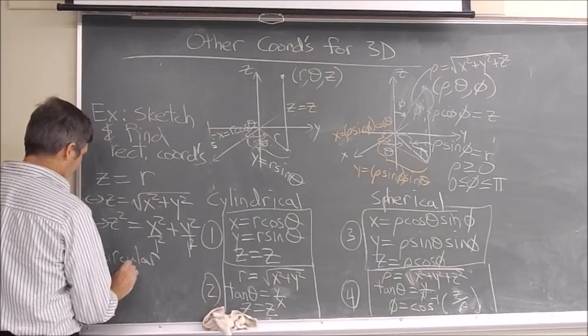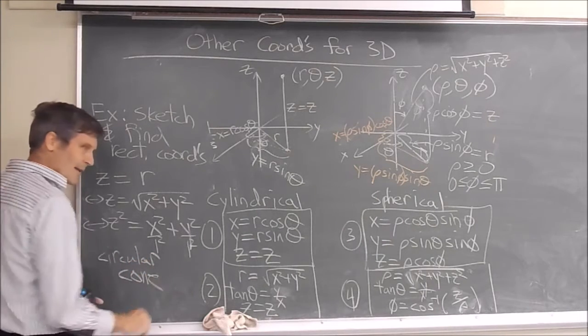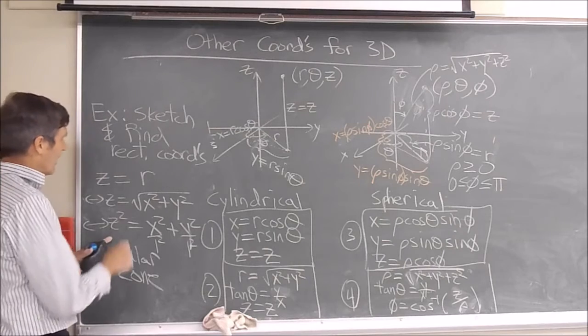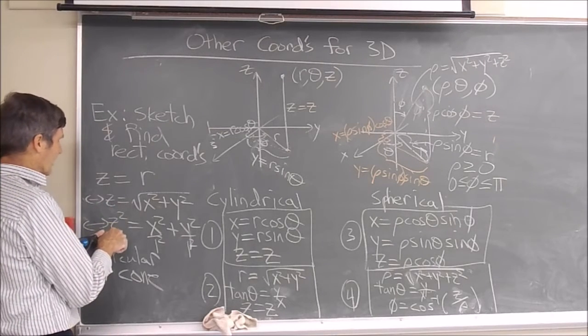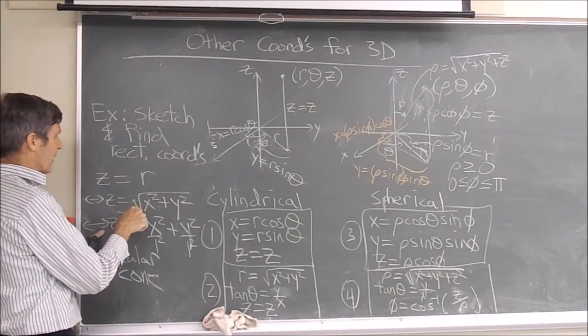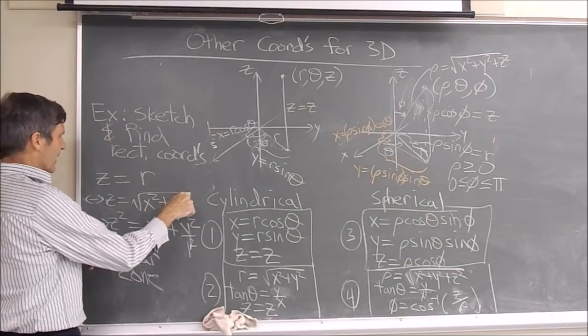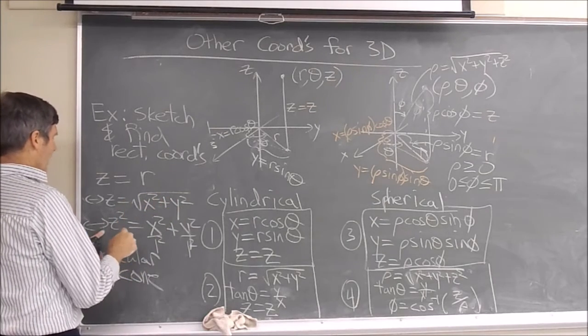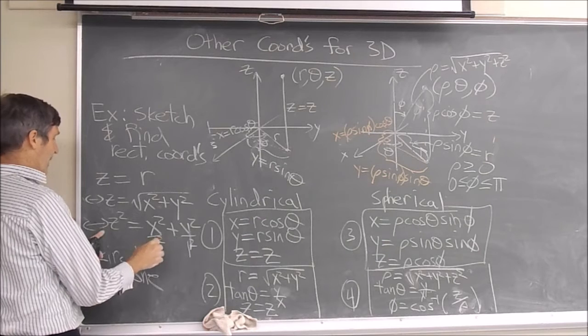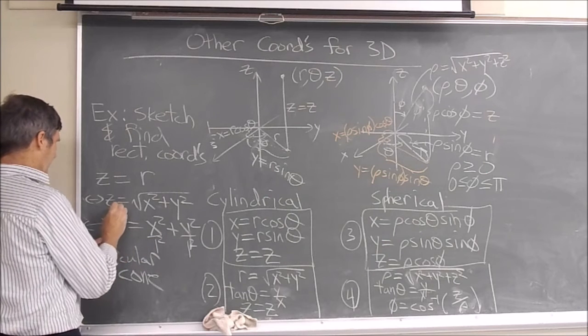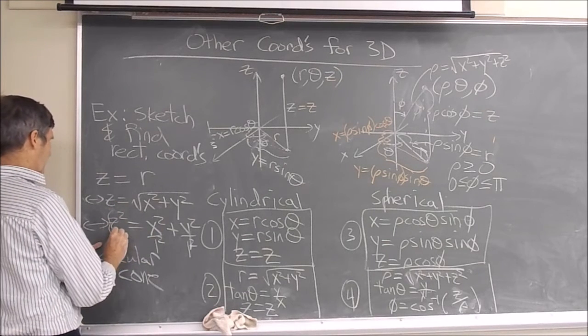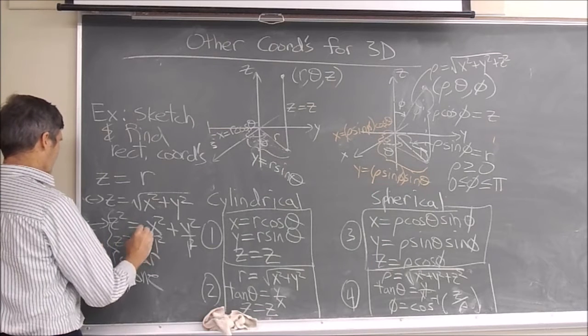It's an hourglass, except I've left one thing off. What is it? When I square both sides, this is equivalent to this. Here z had to be non-negative, because this means the non-negative square root. And this allows z to be negative, so we have to add the restriction to make these equivalent. That z squared equals x squared plus y squared together with z greater or equal to 0 is equivalent.